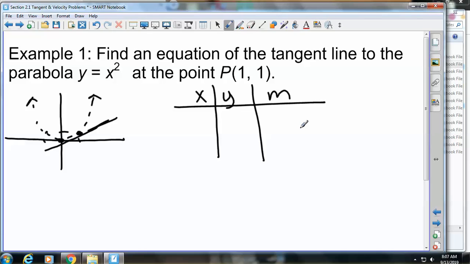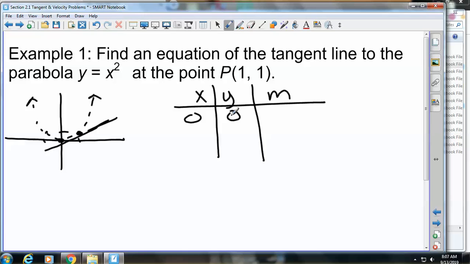We are going to pick some x values getting closer to this point on the curve and see if we can estimate what the slope is based on this trend. So let's just start with the next value of 0. 0 squared is 0.